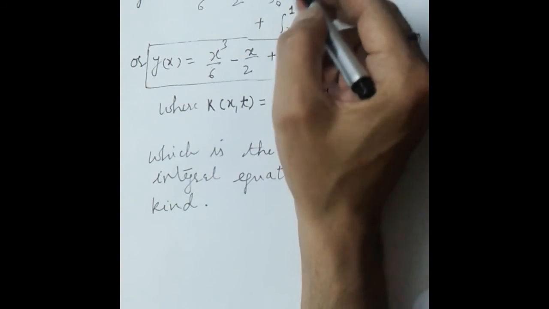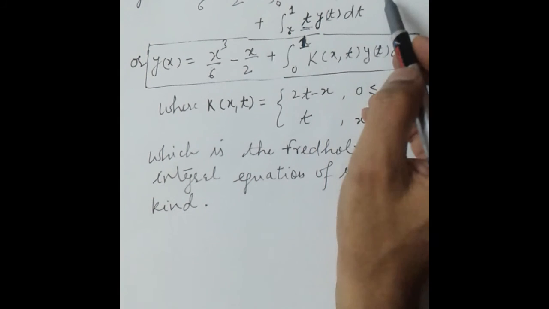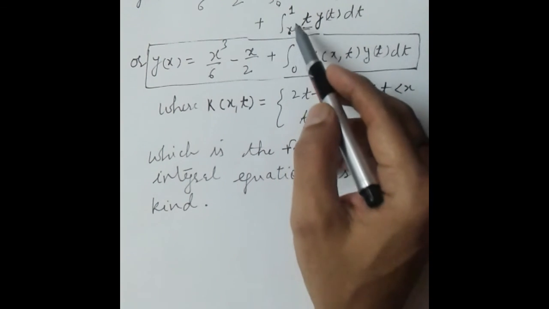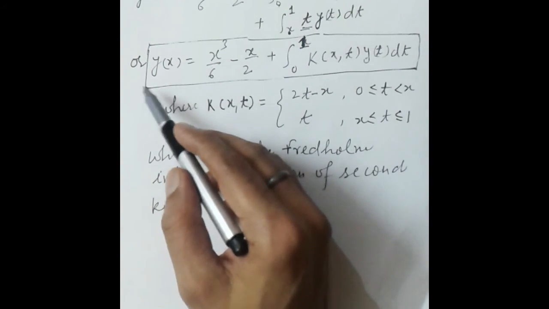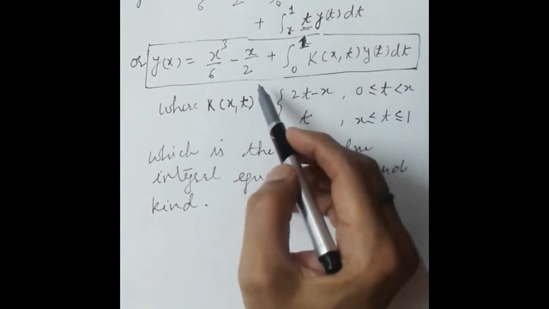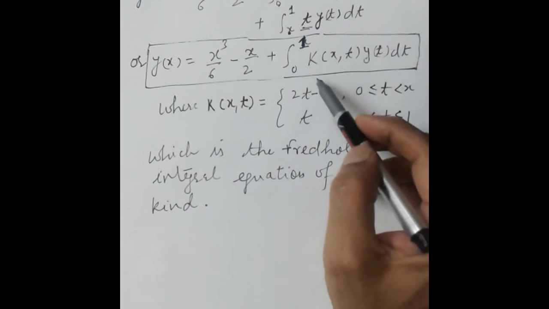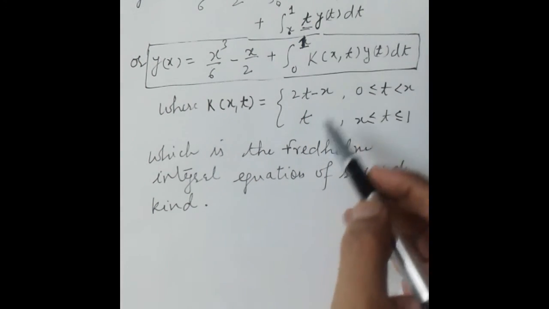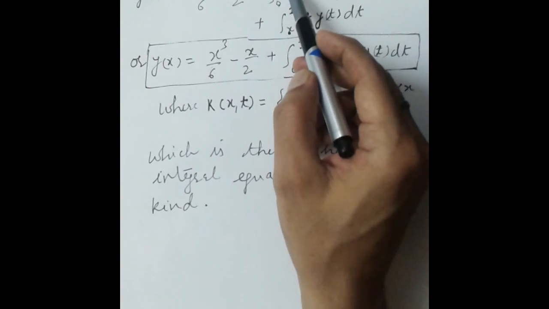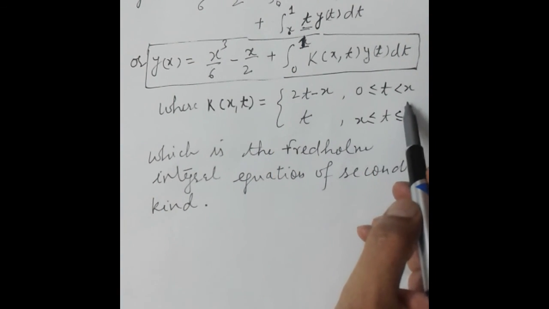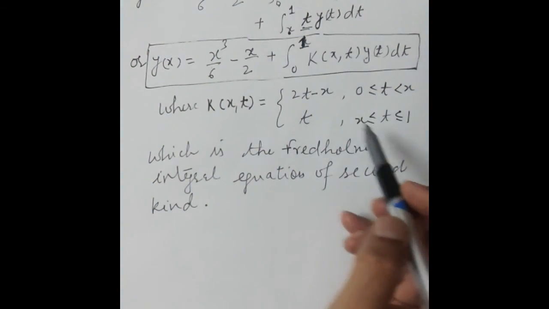These two integrals combine, then we have the integral from 0 to x of (2t - x) y(t) dt plus the integral from x to 1 of t y(t) dt, or y(x) equal to x³/6 minus x/2 plus these two integrals can be written as the integral from 0 to 1 of K(x,t) y(t) dt, where K(x,t) is equal to 2t - x for t less than x and greater than or equal to 0, and t for t less than or equal to 1 and greater than or equal to x.